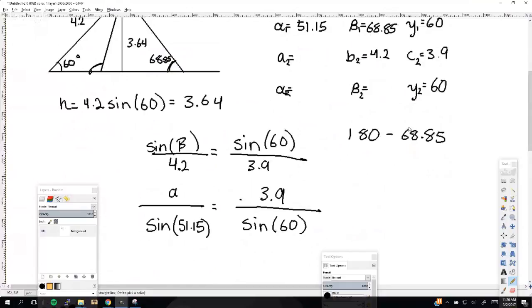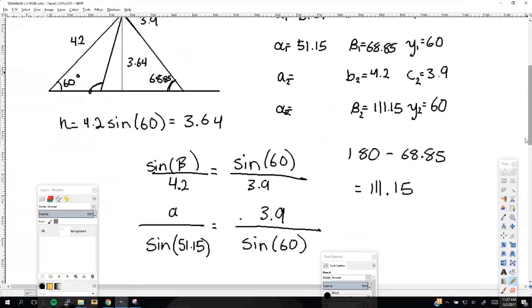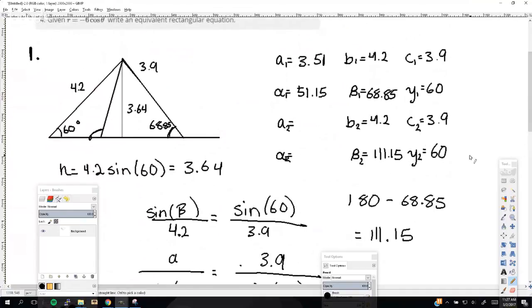Okay. So that would give us 111.15 for beta 2. And then to find alpha 2, we get 8.85 degrees.